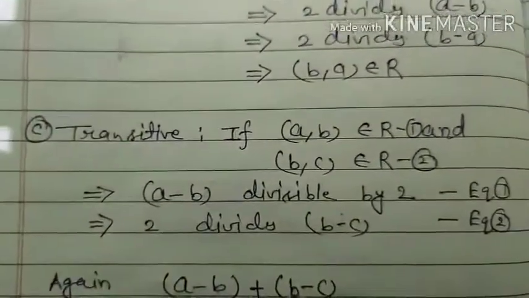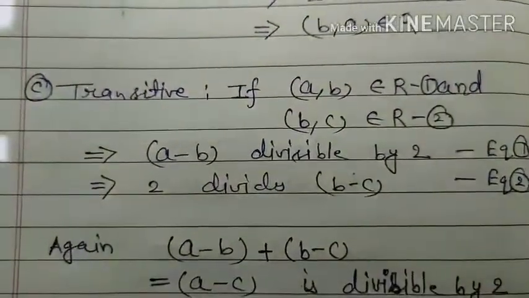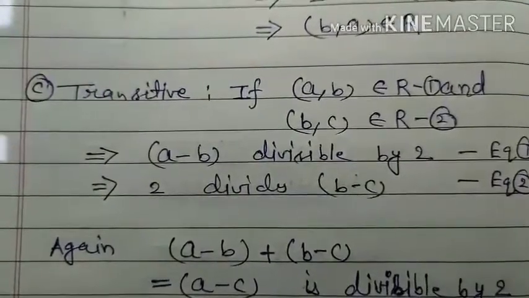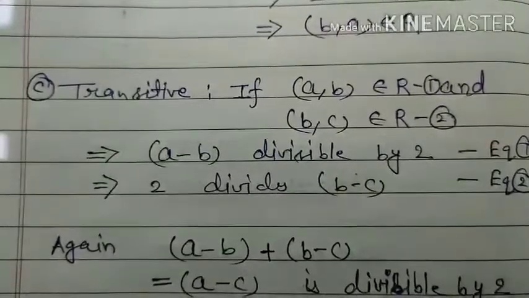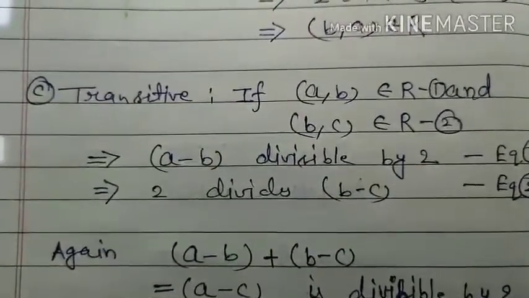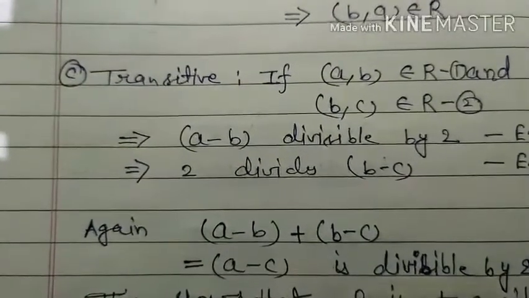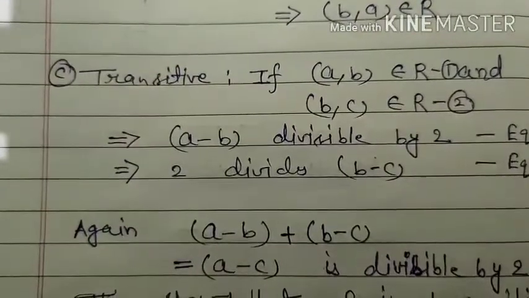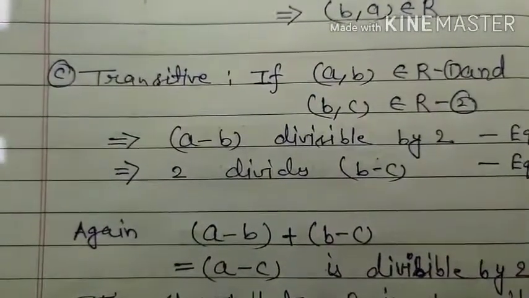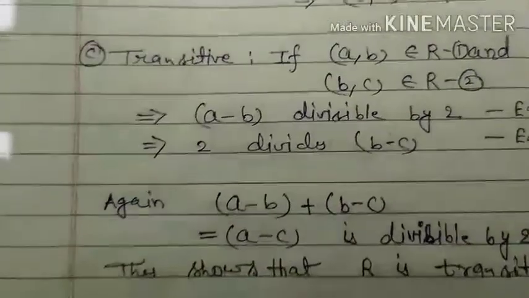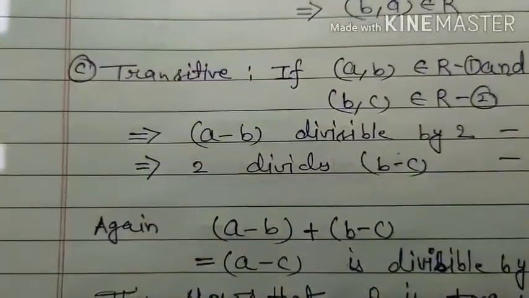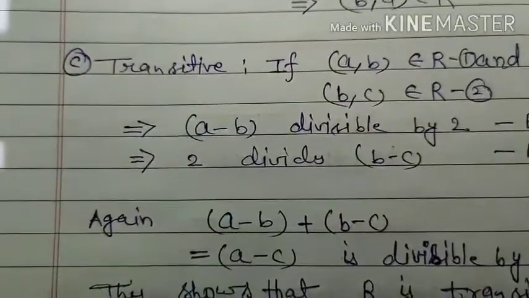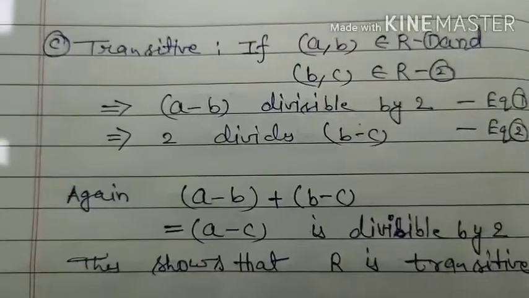Now see transitive. If (a, b) belongs to R, this is equation 1, and (b, c) belongs to R, equation number 2. The first equation implies that a minus b is divisible by 2, and the second equation implies that 2 divides b minus c. Again, if I add both a minus b and b minus c, I will get a minus c, which is also divisible by 2.